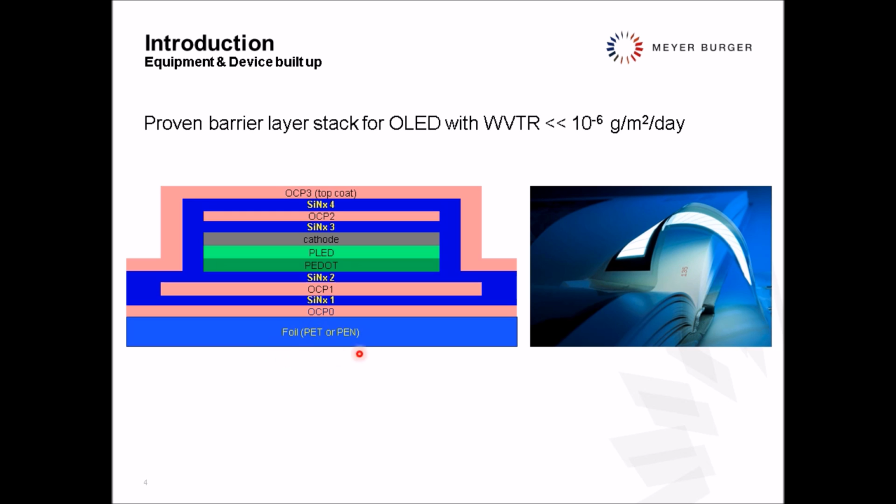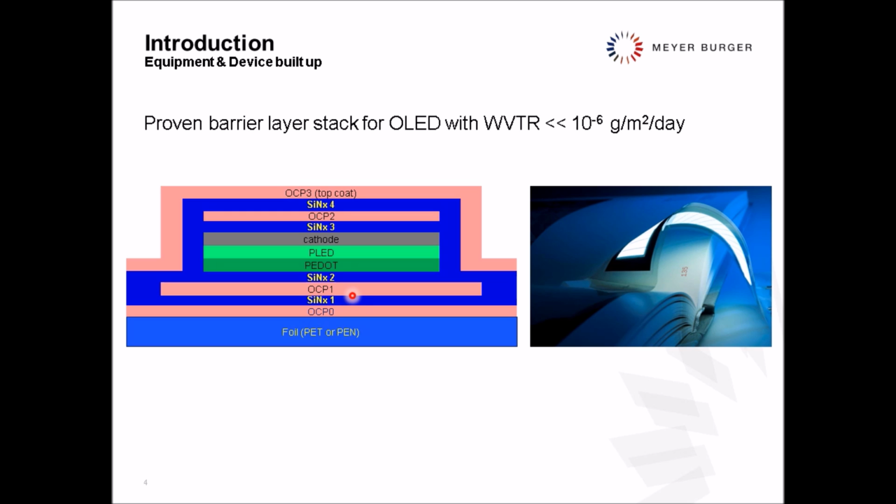Well, we have said that there is a foil at the bottom which is flexible and transparent, so a PET or a PEN would be suitable. And then we start putting an organic coating for planarization by means of inkjet printing, and on top of that we put a silicon nitride by PECVD. This combination of an organic and inorganic layer will be referred to as a dyad, and we repeat the dyad.